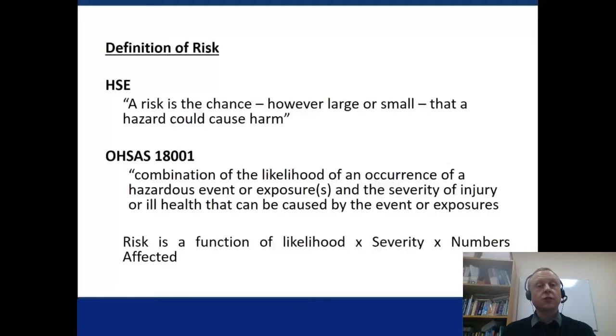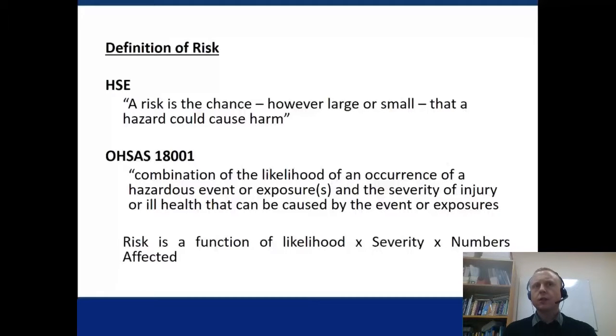Contact with the moving parts of the circular saw is a hazard. Electrocution by the circular saw is a hazard. Dropping the circular saw on your toe is a hazard. Each one of these things has the potential to cause harm. So it's the actual interacting of the human with the harmful element.